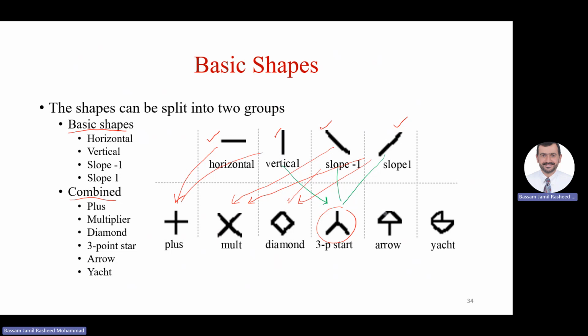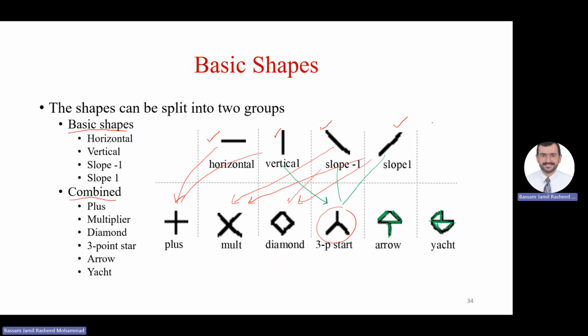I'm trying to find the basic features. This arrow, for example, has a positive slope, a negative slope, a horizontal line, and a vertical line. Similarly, the yacht has these slopes and lines, with negative and positive slopes, a horizontal line and a vertical line, but not all the way to the end.